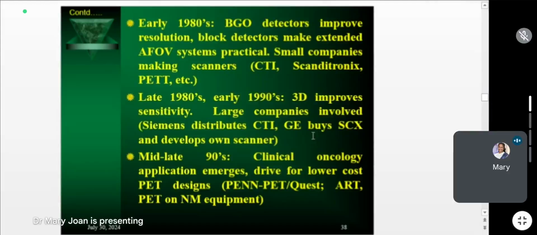Actually these large companies bought CTI and others. And in the mid 90s, clinical oncology applications emerge, with a drive for lower cost PET designs like PENN-PET or QUEST, ART, PET on NM equipment, etc.